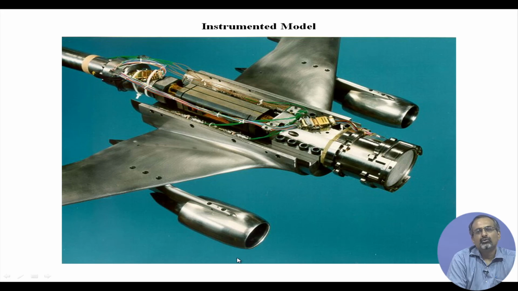Of course, for doing experiments we need wind tunnels, and in the wind tunnel, what are we going to put in? We are going to put in some kind of models to test. Models could be of different kinds.